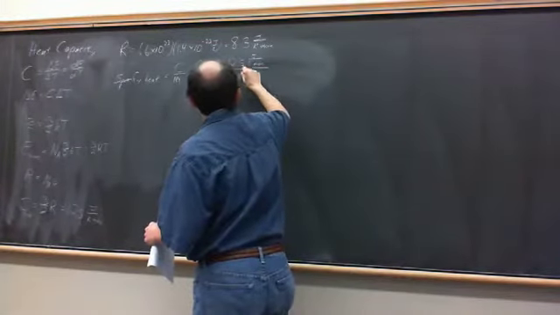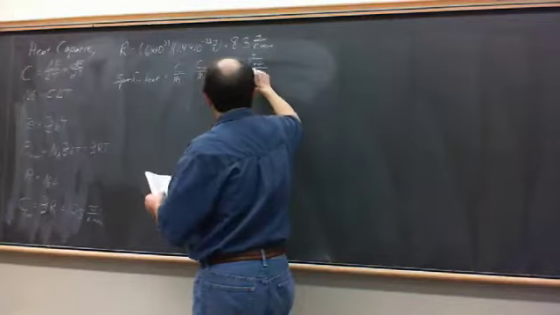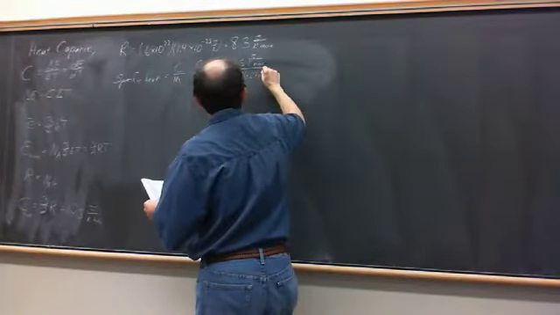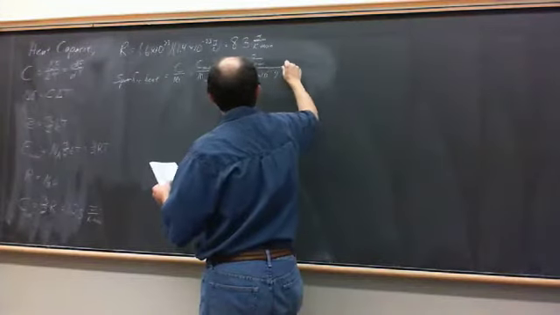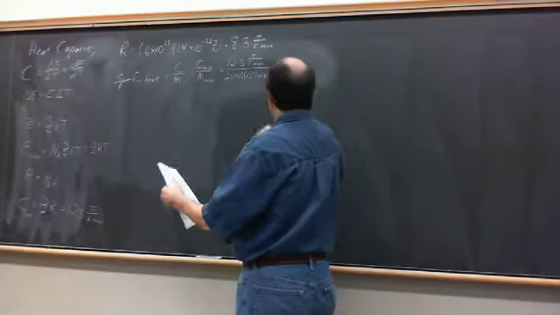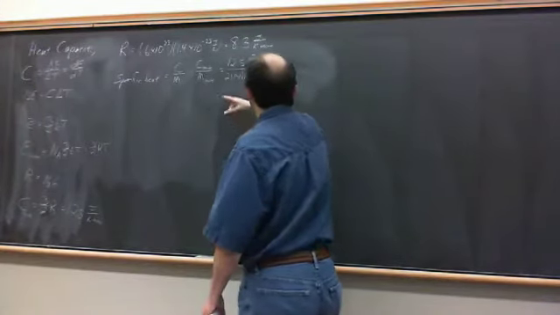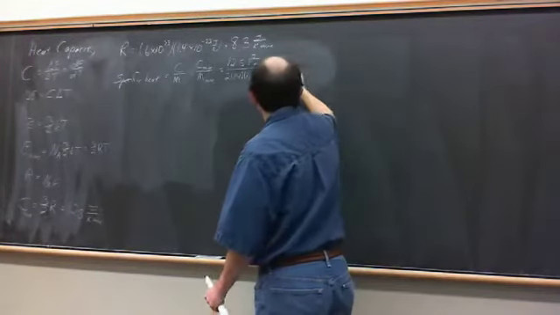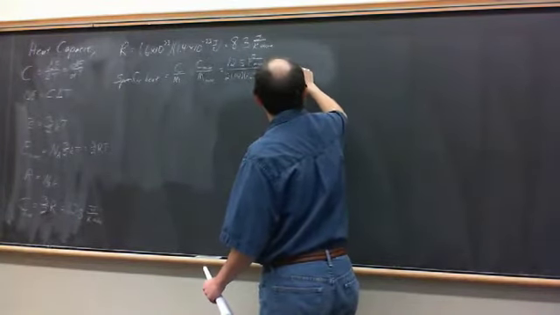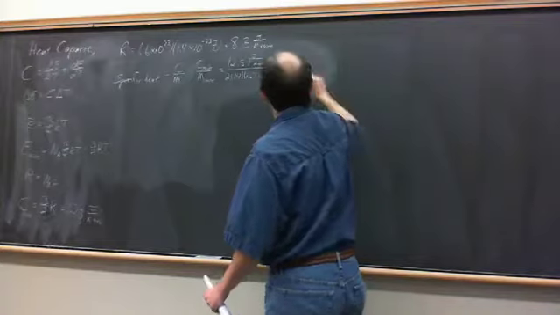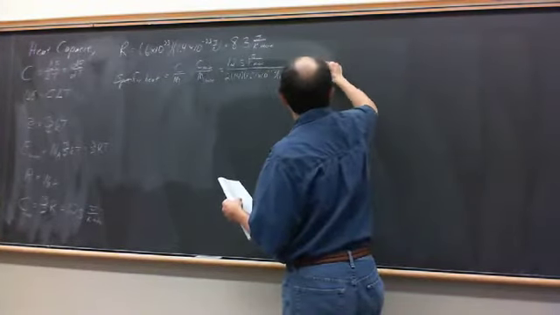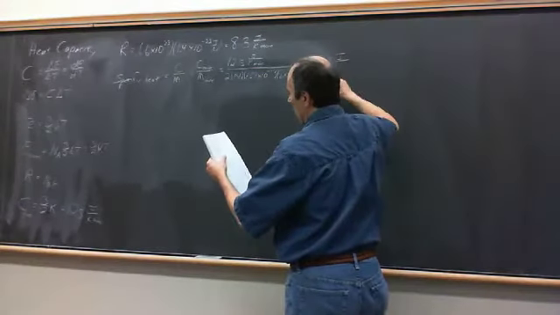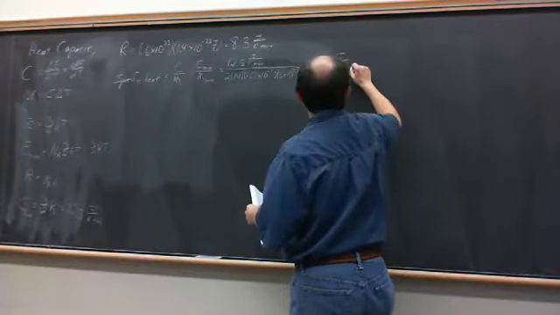So 14 times the mass of a proton, 1.67 times 10 to the minus 27, times Avogadro's number, if you want the mass of a mole, 6 times 10 to the 23. And you calculate that out, and you get 446 joules per kilogram Kelvin.